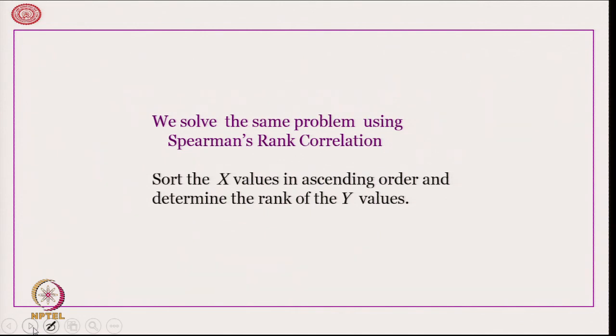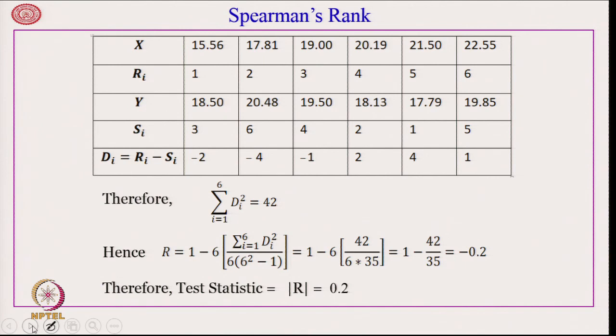So, we have already sorted the x values in ascending order, and let us determine the rank for the y values. So, let us focus on this table. X is in increasing order. Therefore, the ranks of the elements are R1 is equal to 1, R2 is equal to 2, up to R6 is equal to 6.